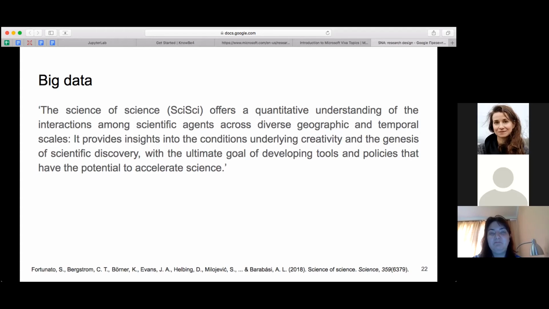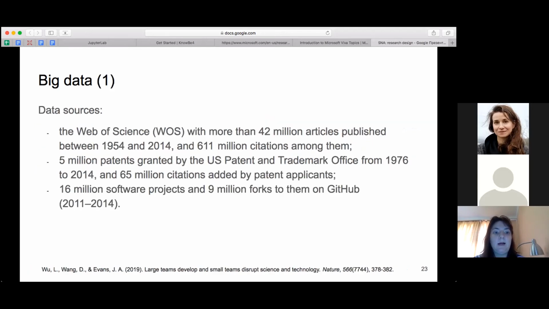This is a unique field because a lot of information about scientists is quantified, and we can collect it very easily. I would like to speak about the difference between large and small collaboration networks and their impact on science and technology.